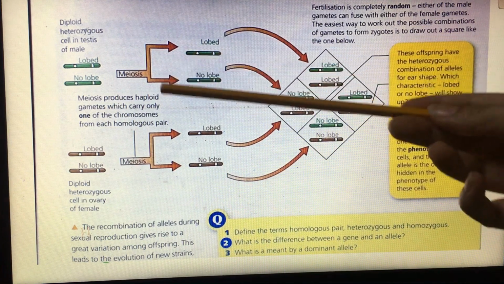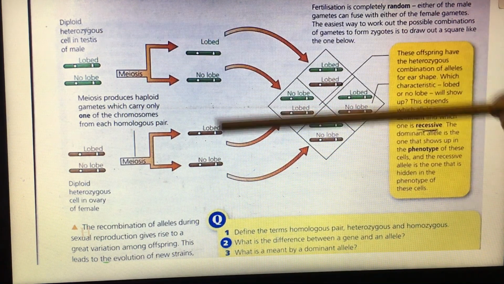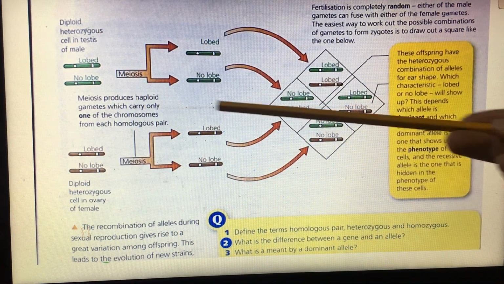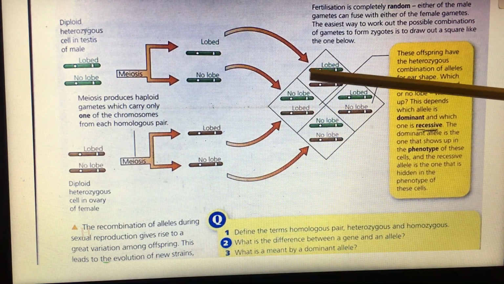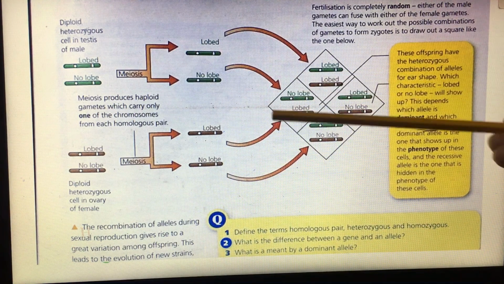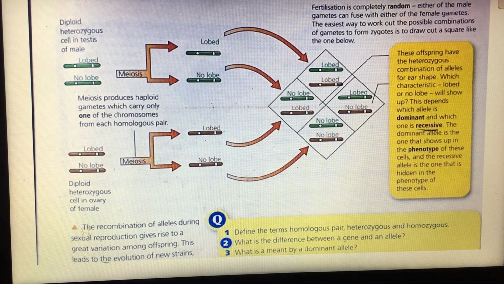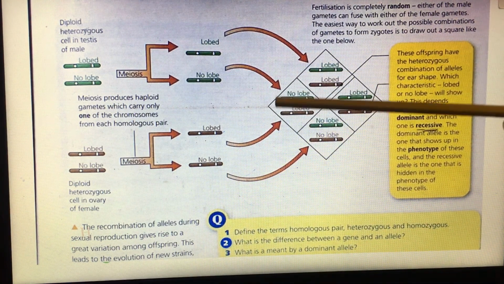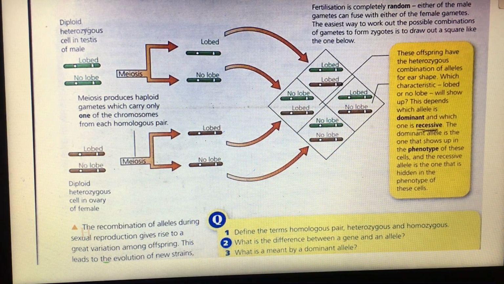Okay, what will happen when the no loop gamete from the male fuses with the loop gamete from the female? So no loop with loop. Also that will produce a heterozygous cell. So this cell is heterozygous because it has the alternative forms of alleles. Okay.